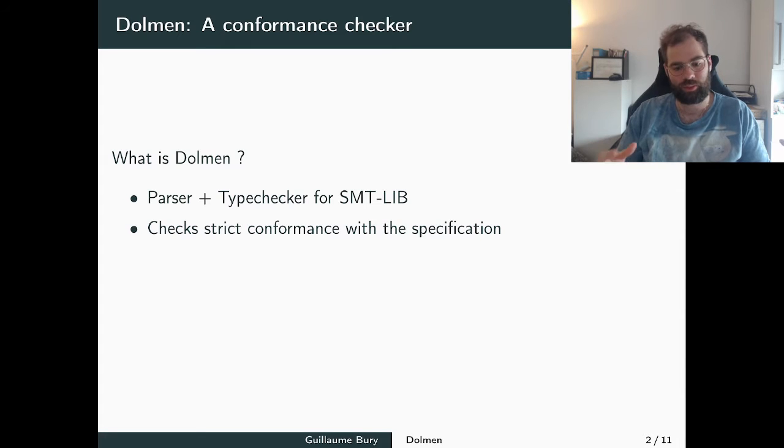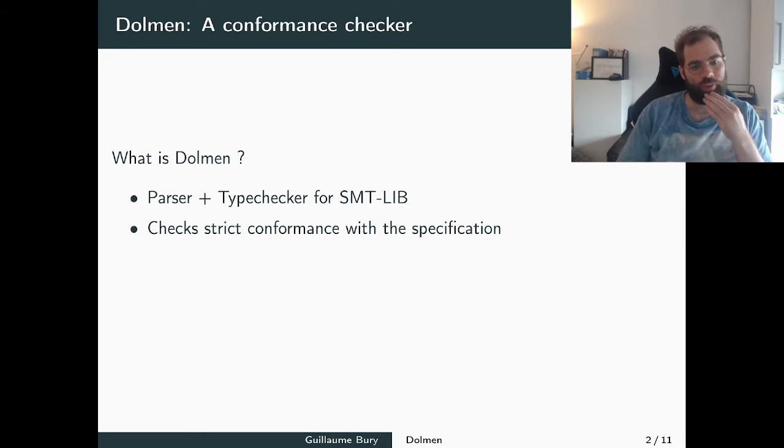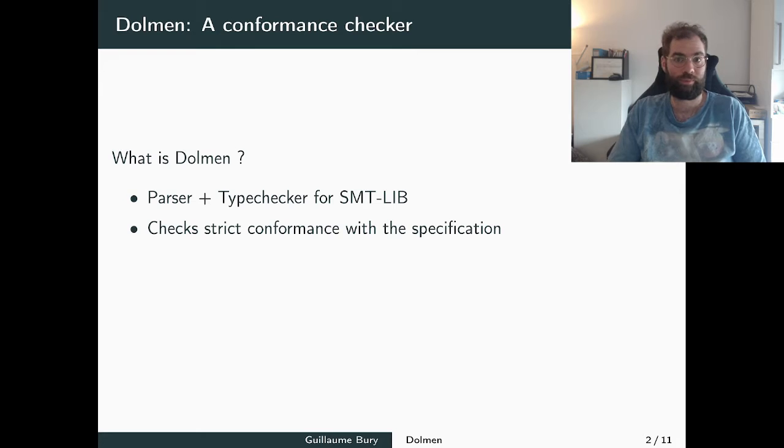So it tries to parse and type exactly what the SMTLIB specification defines as being conformant with SMTLIB, which is a bit different from what happens in most solvers, where the solver parses and types SMTLIB, but mostly what the solvers can actually handle and solve.